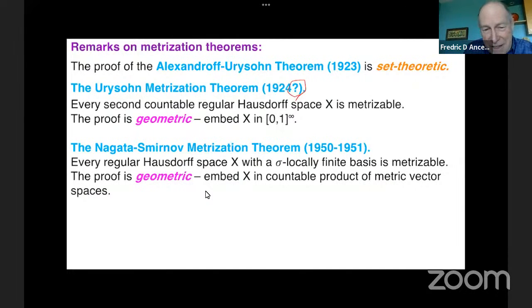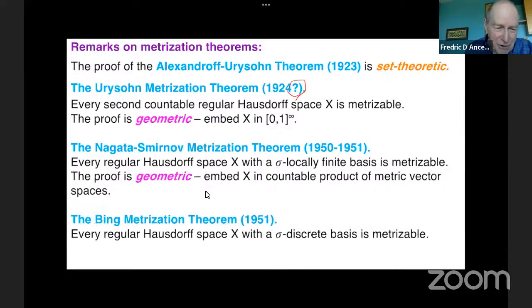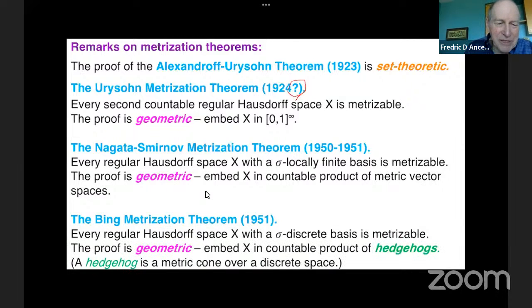You embed the space in a countable product of metric vector spaces, or Bing's theorem, where you embed the space in a countable product of what were called hedgehogs. When I was in grad school, a hedgehog is the metric cone over a discrete space.